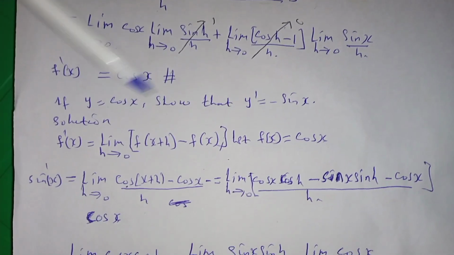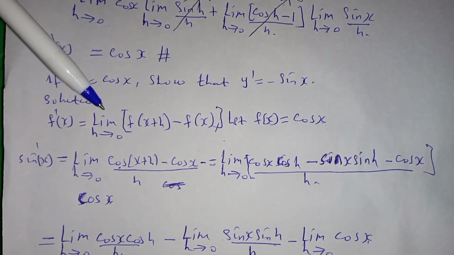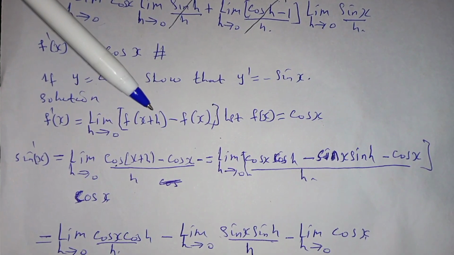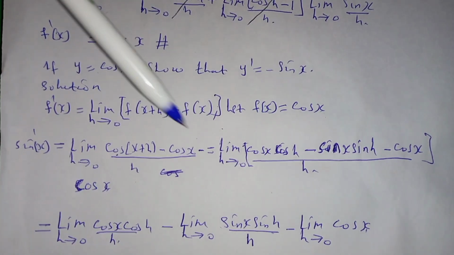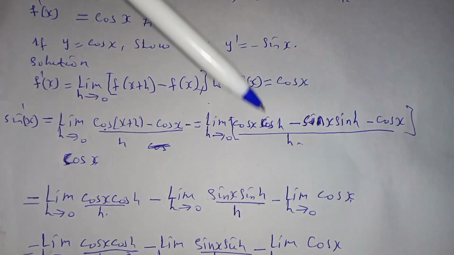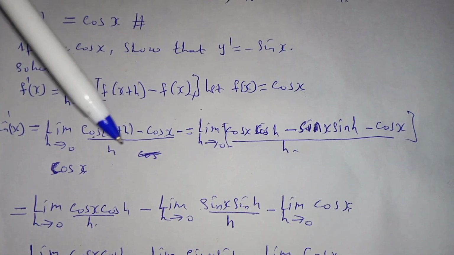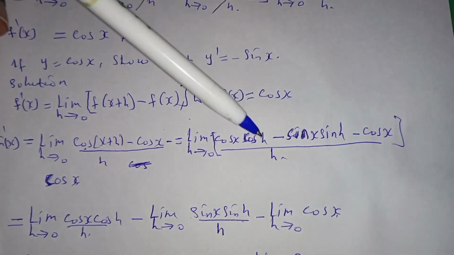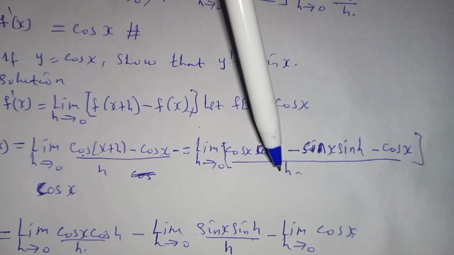For the other part, again you use the definition of derivative as limit as h tends to 0 of f of x plus h minus f of x, over h. Then you let function f of x be cos x. You substitute here. Again, you use the sum formula of cosine, which is given by cos x multiplied by cos h minus sin x multiplied by sin h minus cos x, everything over h.